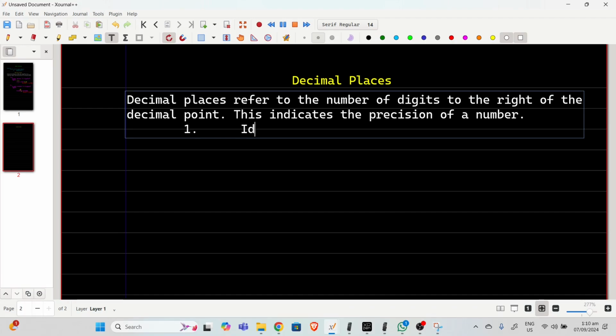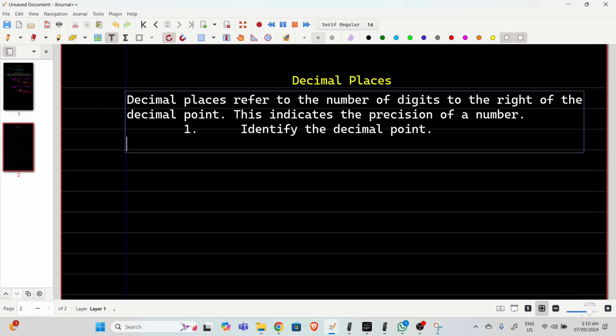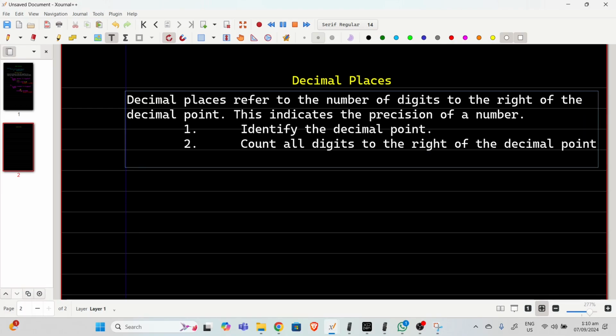It's very easy for the steps involved. First step, identify the decimal point. Big whoop, right? Anybody could identify a decimal point. Then count all digits to the right of the decimal point.